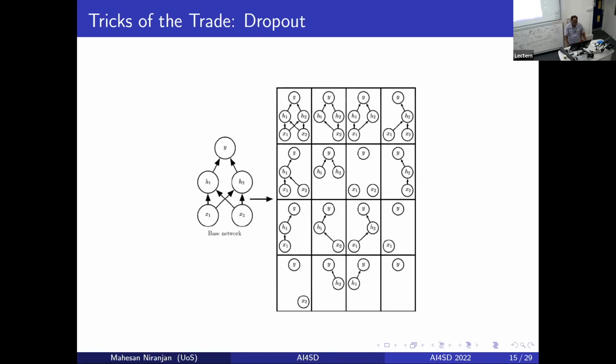Dropout is another one. This is entirely counterintuitive. You're trying to train a large model, and you propagate the data, you compute the gradient, you update. This is what we do, right? In dropout, when you propagate and train, at every iteration you switch off half the units. So you have your model with 100 units, and during every pass you randomly see only 50 of those units. Empirically, it was observed that that produces good results.